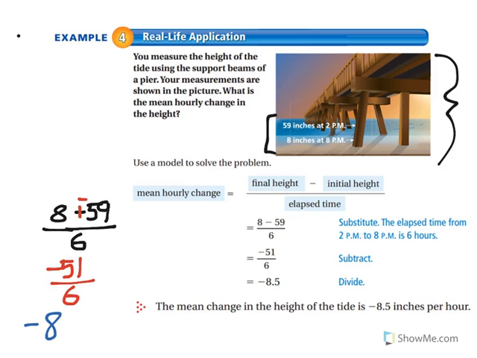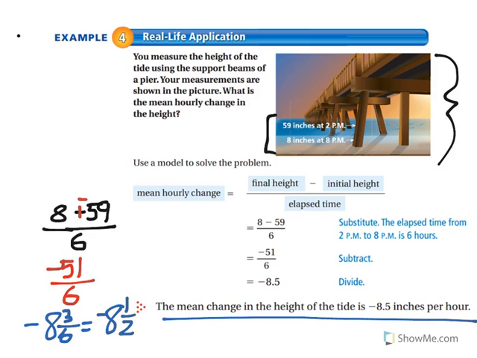And a negative divided by a positive is a negative. So 6 goes into negative 51 8 times. And so 51 minus 48 gives us 3. So we have 3 left over. And then over 6. So our answer would be either negative 8 and 3/6, or you could say negative 8.5.